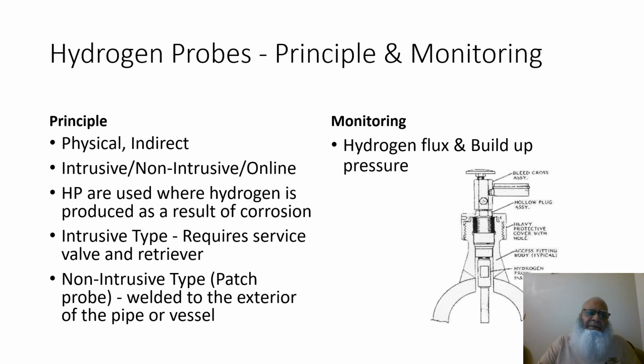The non-intrusive type is a patch probe welded to the exterior of the pipe or vessel, or patched to the exterior of the pipe or vessel with a removable patching system. This monitors the hydrogen flux and built-up pressure. The configuration shows how the hydrogen probe is installed and how it looks.